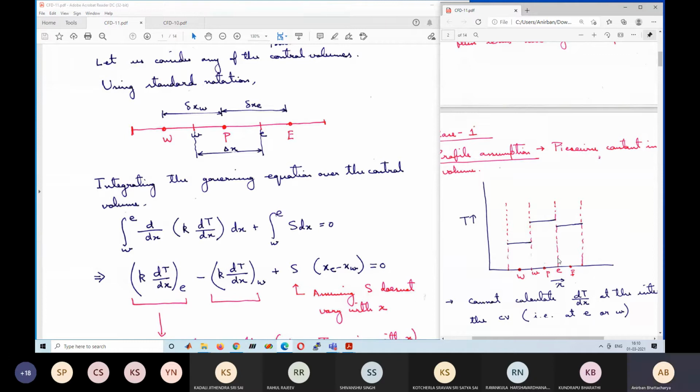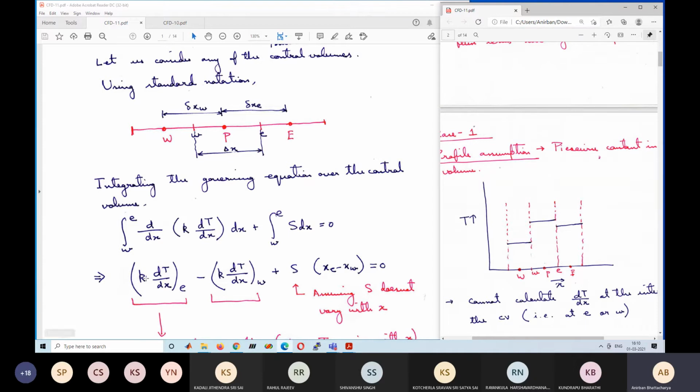Can anyone answer? What will be the value of k dt dx at east if the temperature varies like this? So k, let k be known. K is known. K at the east interface is known by interpolation.